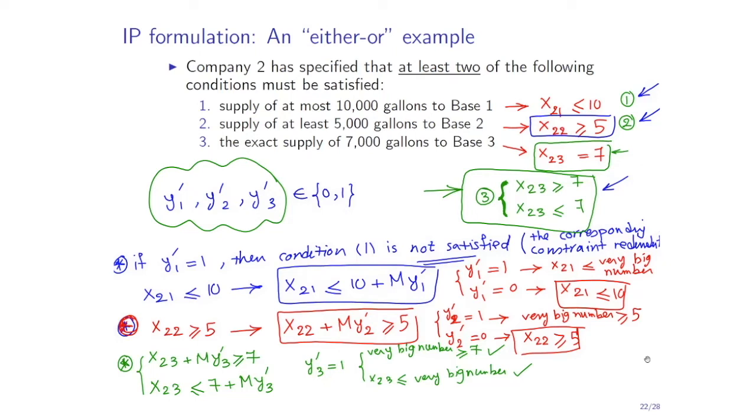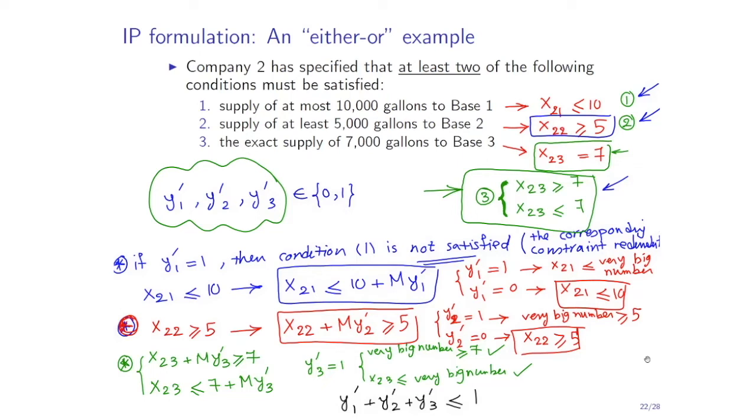You can make only one constraint among them redundant, right? So in addition to these three, we have to add y prime 1 plus y prime 2 plus y prime 3 less than or equal 1. In other words, you should either satisfy all these conditions or at most one of them can be ignored.